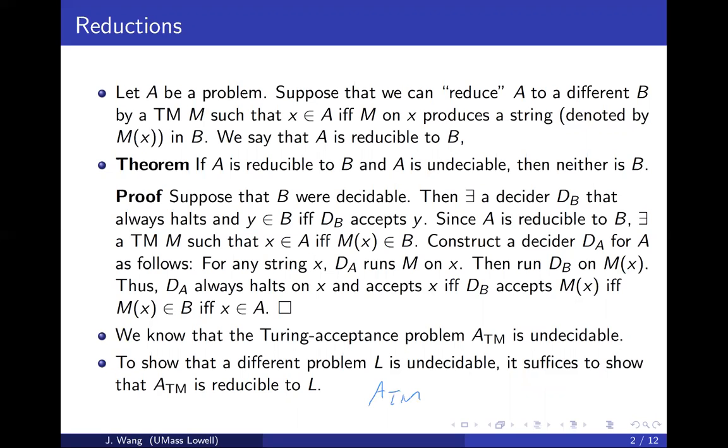We're going to reduce A sub TM to a language L. We use this less than or equal to symbol to mean reduction. So if A sub TM is reducible to L, then L is not decidable.